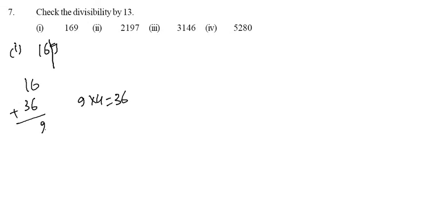So 6 and 6 is 12, and 3 and 1 is 4, and 1 is 5. Further you can check here. It is divided into two parts. The first one is 5 and the second is 2 into 4, that will be 8. So 8 is added, and that is 13, which is divisible by 13.